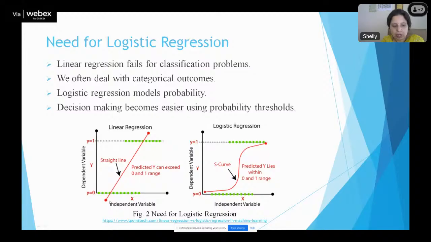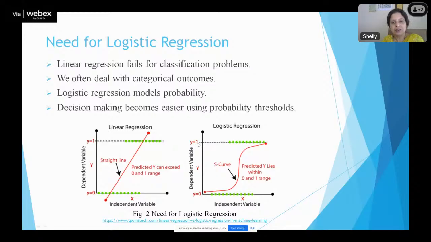This is what I was talking about earlier: the independent variable is depicted on the x-axis and the dependent variable on the y-axis, and this is the straight line. If I shift from linear regression towards logistic regression, it's a sigmoid curve, an S curve, and the predicted value of the dependent variable y lies within the range of 0 and 1.